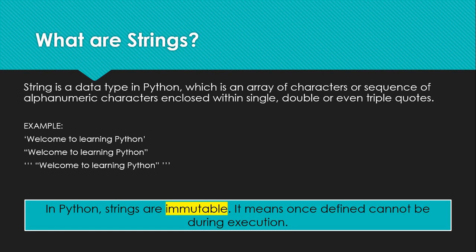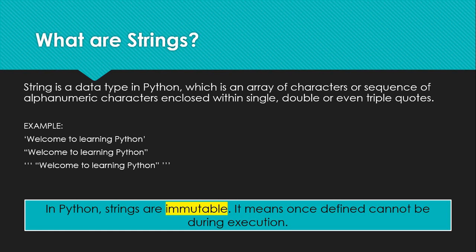Strings are immutable, which means you cannot change the data stored in a string during the execution of a program, but you can redefine the data by replacing it with some other string. That is, you cannot change a single character, but you can replace the entire string with some other string.